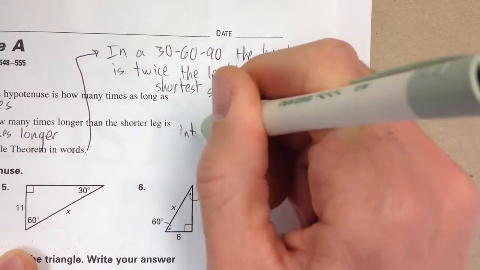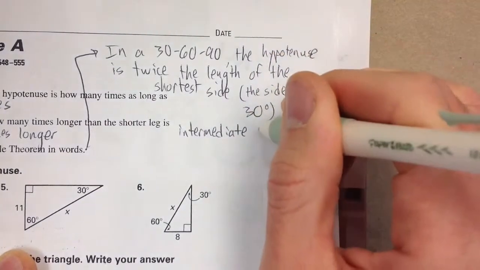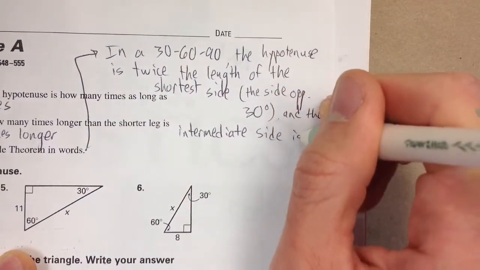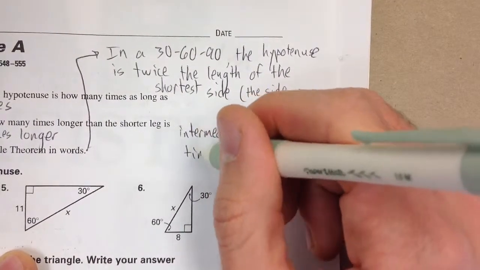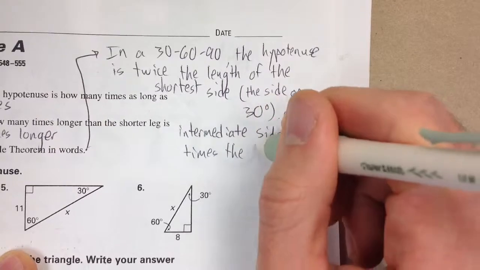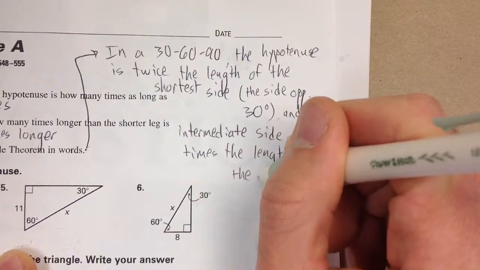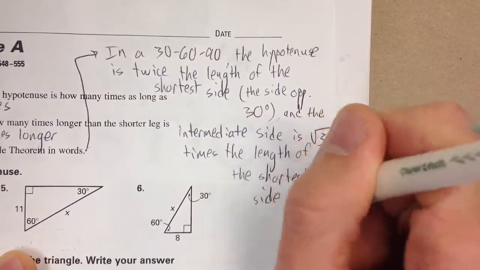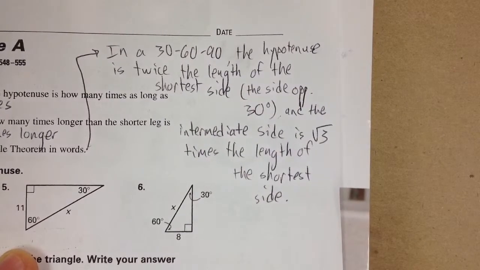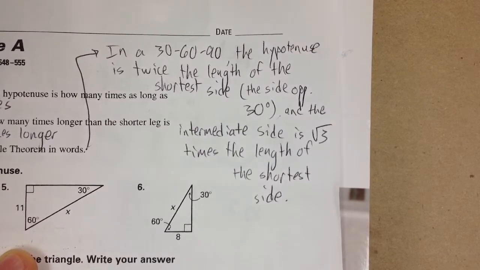And the intermediate side, meaning the one in the middle, is the square root of 3 times the length of the shortest side. And there's, of course, other ways that you could word that. You could say in a 30, 60, 90 triangle, the sides come in the ratio x to x root 3 to 2x.